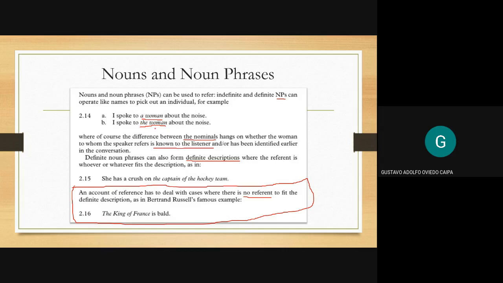But if I say the woman with a definite article, that means that the listener knows the woman, or maybe I think that the listener knows the woman, or I already mentioned the person before in the conversation. That's the difference between those two things. So this one, a is less specific and the is more specific, even if both of them refer to the same person.